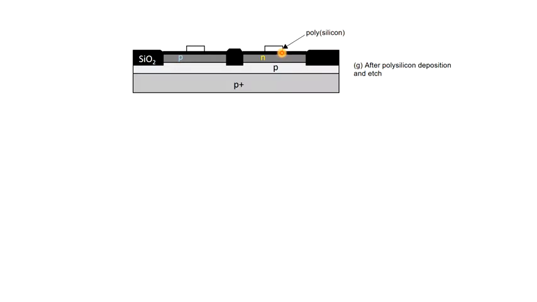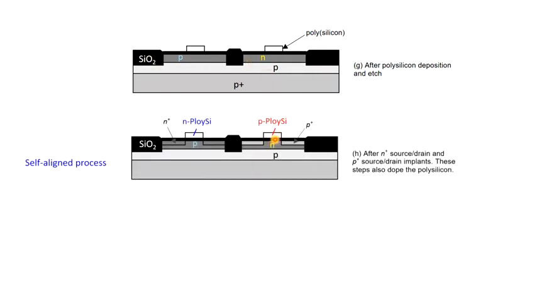P type, because we are doping the source and drain side with p plus. So you will get something like this: one p plus region formed on this side and another p plus region formed on this side, and the polysilicon will also get doped and become p type.